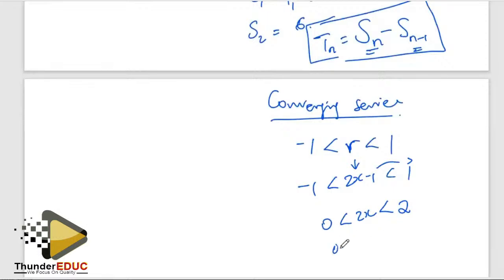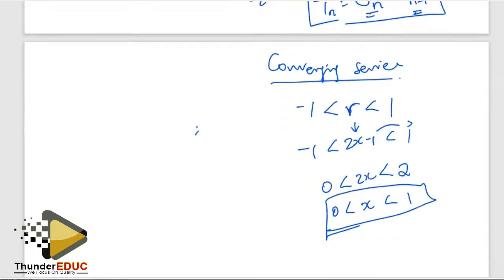Divide through by 2: 0 is less than x, and then is less than 1. So this is the interval within which that sequence will converge, when the common ratio is between those values. So that we need to remember. So that is to converge.